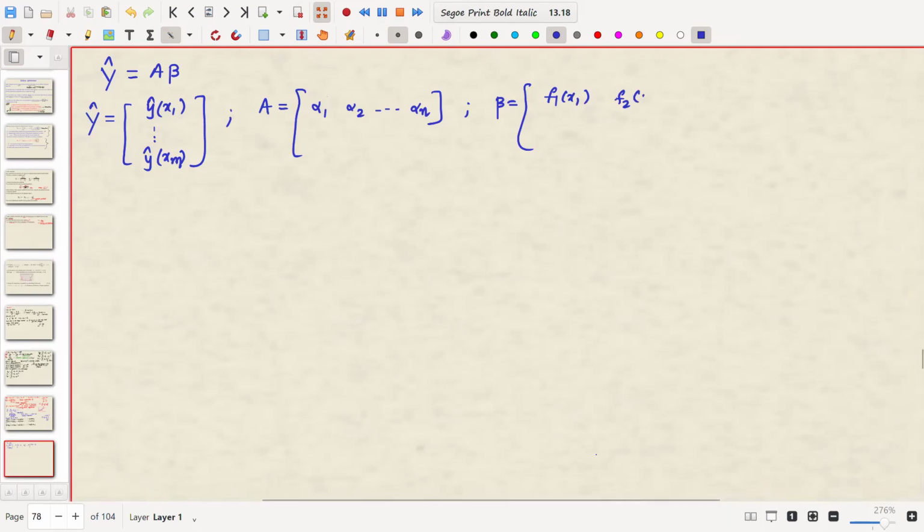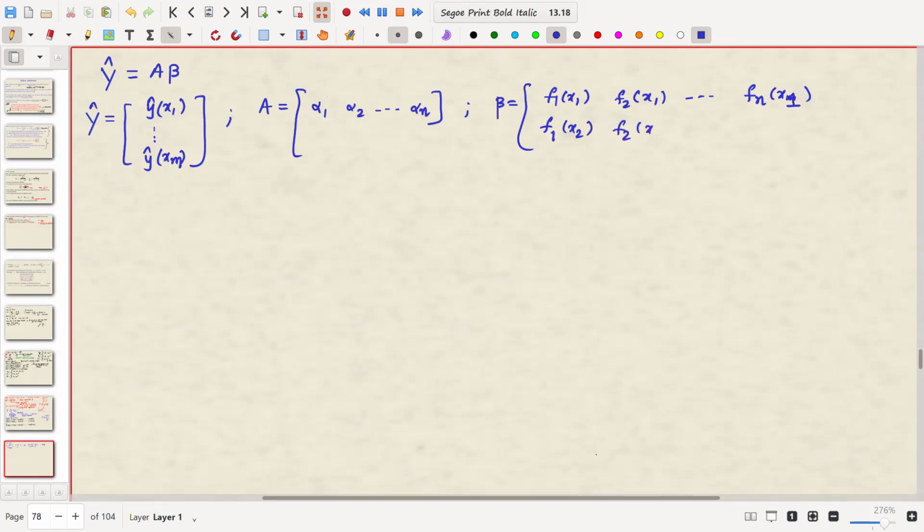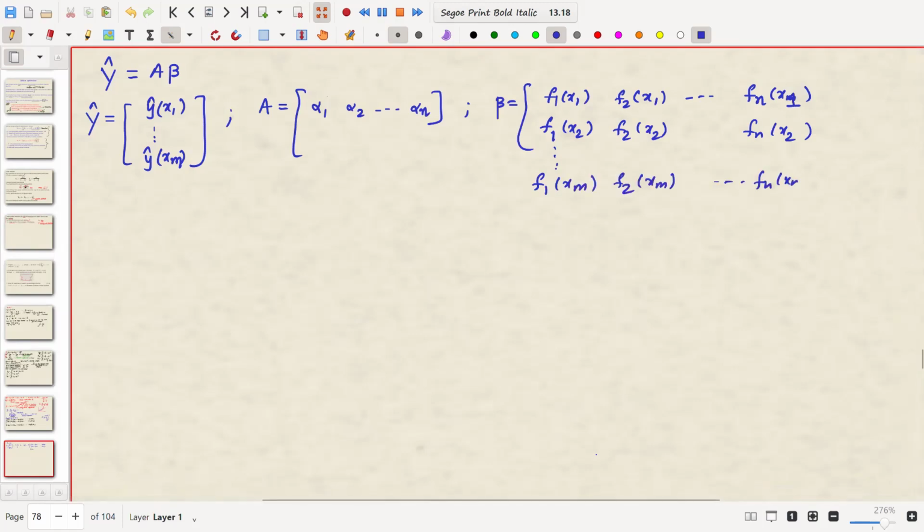F2 of, and so on till Fn at xm, x1. Then you multiply.